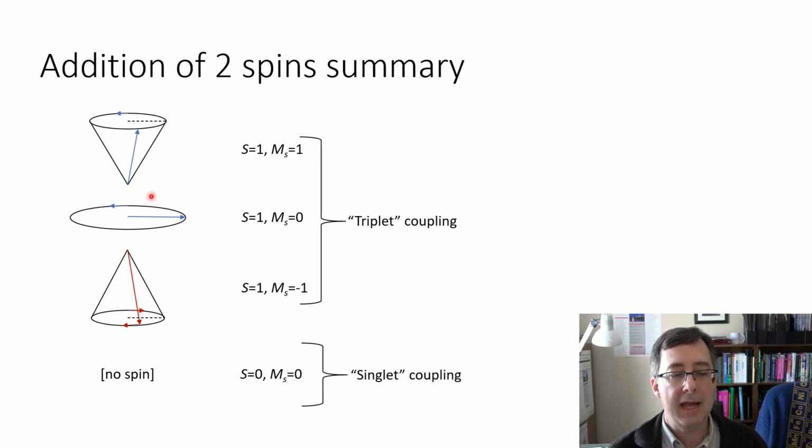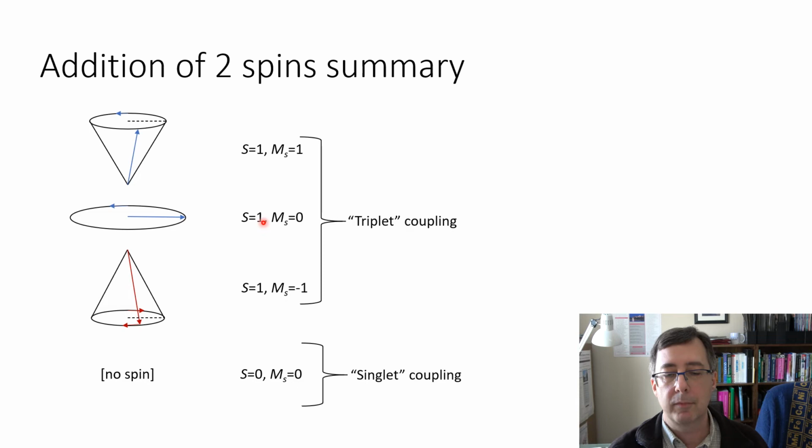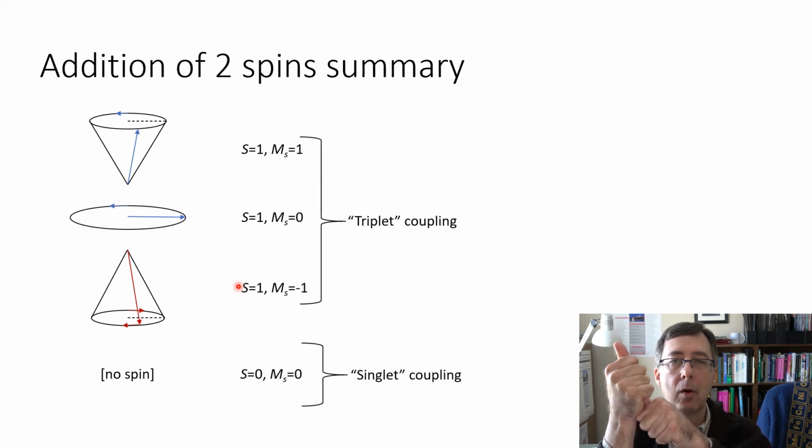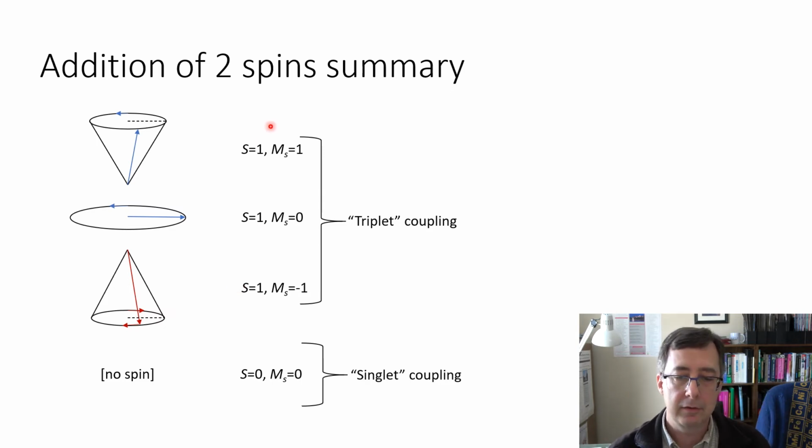Or they could add constructively with respect to the xy plane, but cancel with respect to the z direction, and that gives me this one. And here you see they're all s equals 1. So you added two s equals 1/2 electrons, you got a total of s equals 1, but that could be pointing up, or in the xy plane, or down. And so you have three possible results for m sub s, the projection along the z-axis.